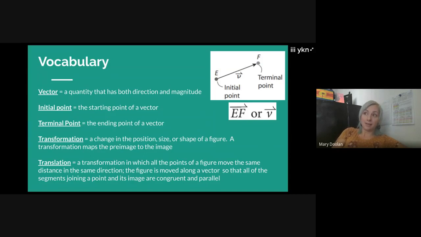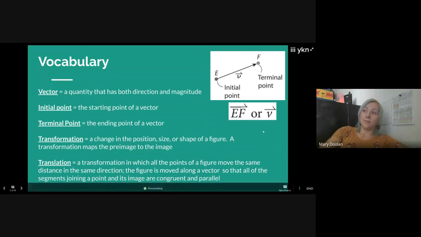It has a length, all right? You can represent a vector with the 2 endpoints and this symbol on top, or the name of the vector itself, which could be a single letter with a little vector symbol on top. Of the 2 points, the initial point is where it starts, and the terminal point is where it ends. So in this picture, E is the initial point, F is the terminal point.